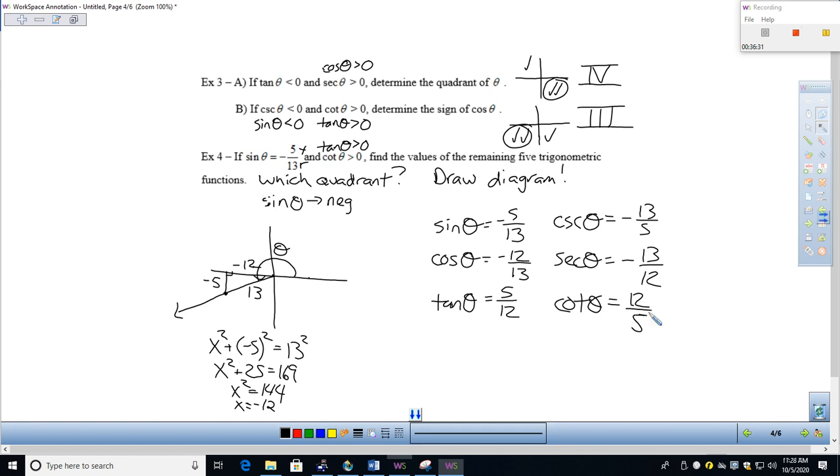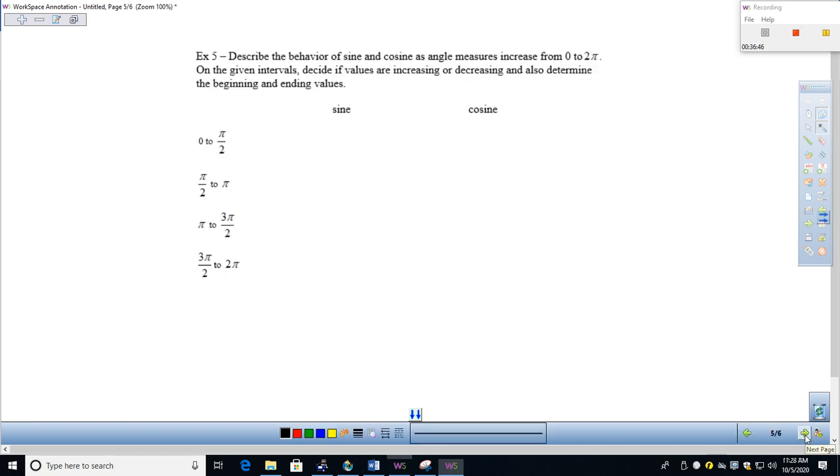Fantastic. All righty. So as I've been saying all along, it's not just a matter of memorizing or visualizing particular values, particular ratios of our angles. It's also understanding the behavior of especially sine and cosine as the angles increase or decrease, basically as the angle measures change from 0 to 2 pi.